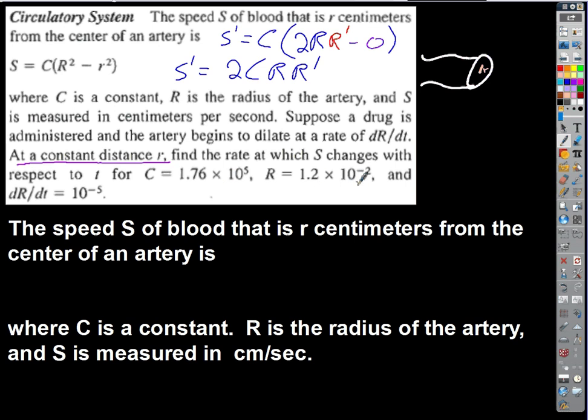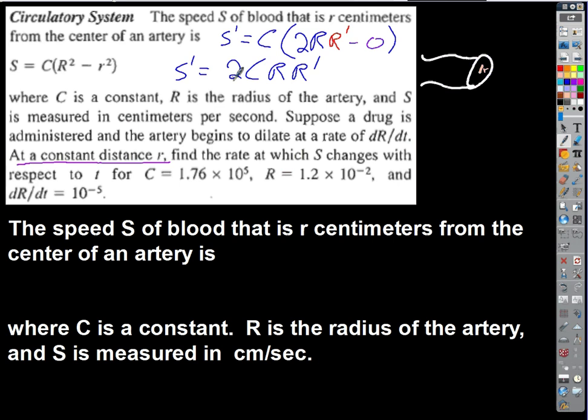So it looks like 0.12 centimeters. Boy, that's small. Yeah, it is small. And dR/dt is 10 to the negative 5. So it's not changing very fast. But if we plug all that stuff in, what do we get? Somebody's got a calculator. What's that give us?